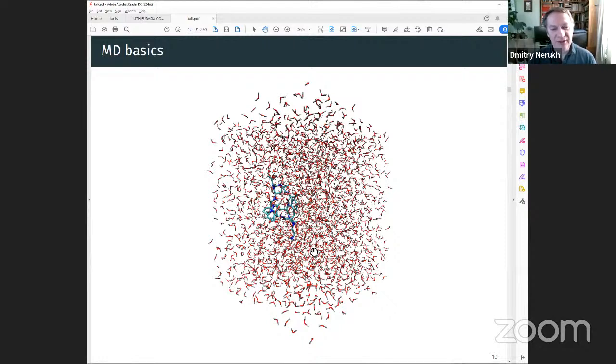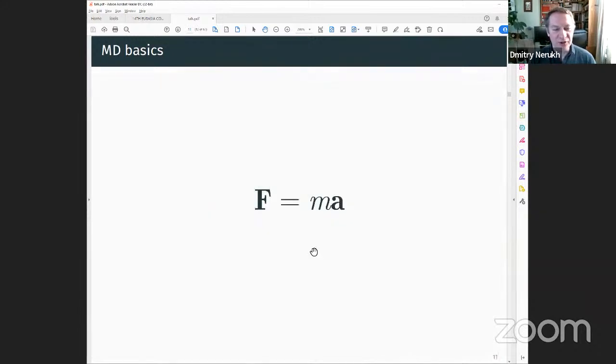The problem is that for computer modeling, most of the resources are used for modeling water molecules, which are quite often not the main subject of the investigation, but you cannot do anything. You need to include all these water models in your simulation.